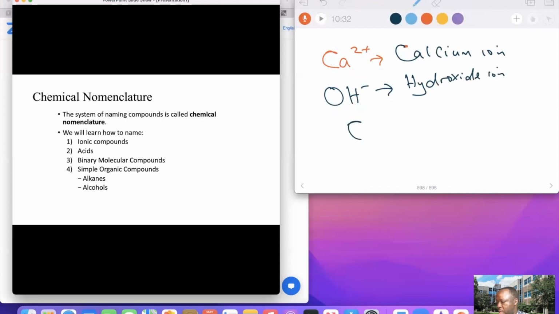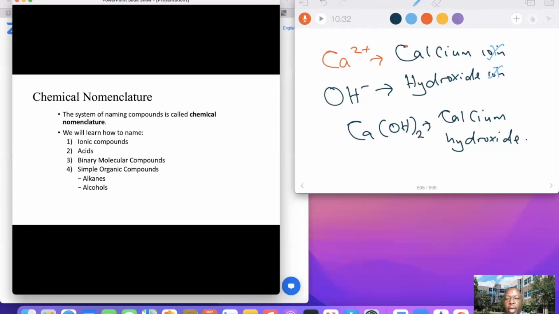So that is Ca(OH)2. This is calcium hydroxide, like that. I got rid of what? I got rid of "ion." So if you know how to name the cation, anion, or polyatomic ions, naming an ionic compound is pretty straightforward.